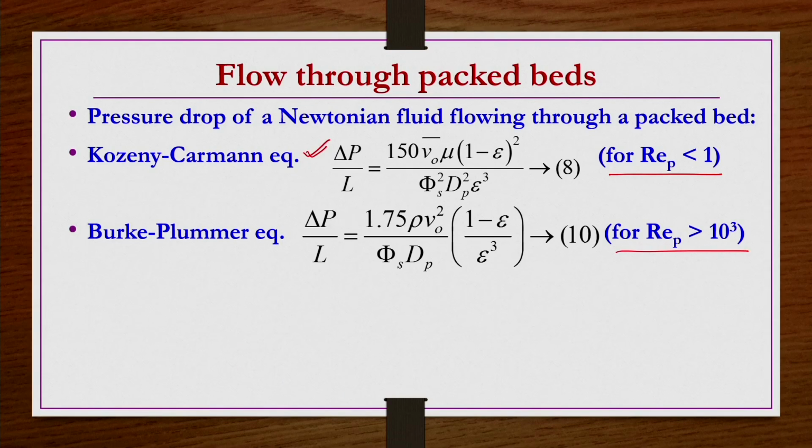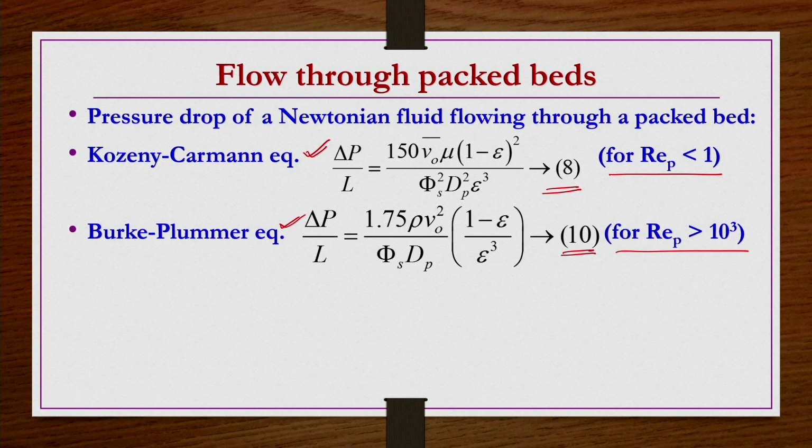So, equation number 8 indicates the contribution of the viscous losses in the total pressure drop for a fluid flowing through a packed bed. Similarly, equation number 10 provides the contribution of kinetic energy losses in the pressure drop calculation for a fluid flowing through a packed bed under high Reynolds number.